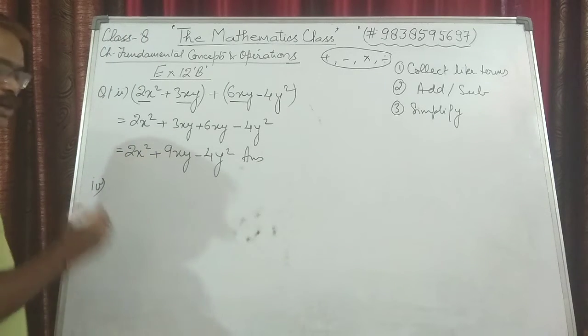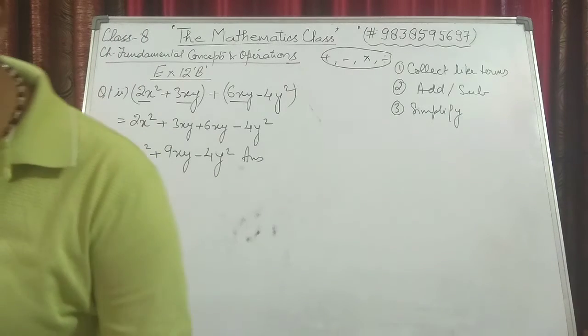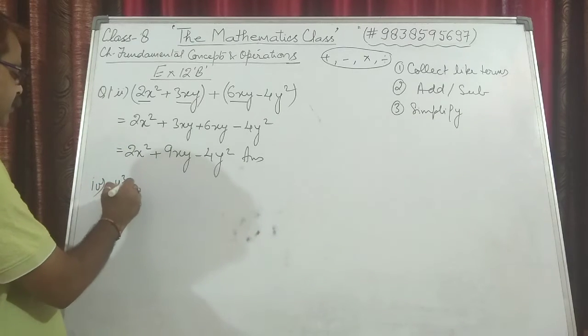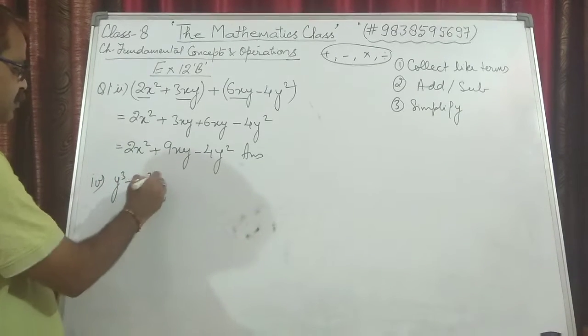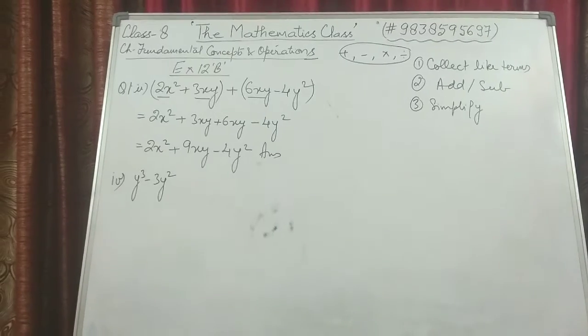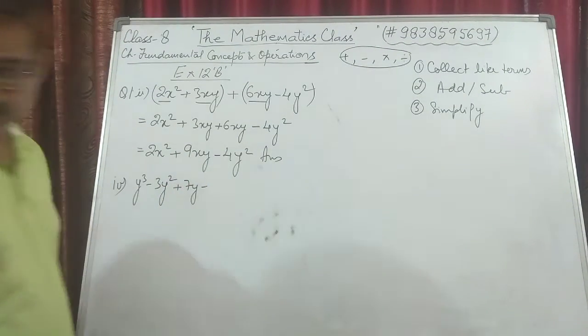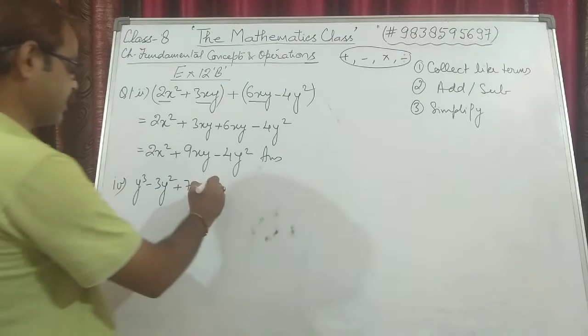Now we take question number 4, fourth part: y cube minus 3y square plus 7y minus 17.